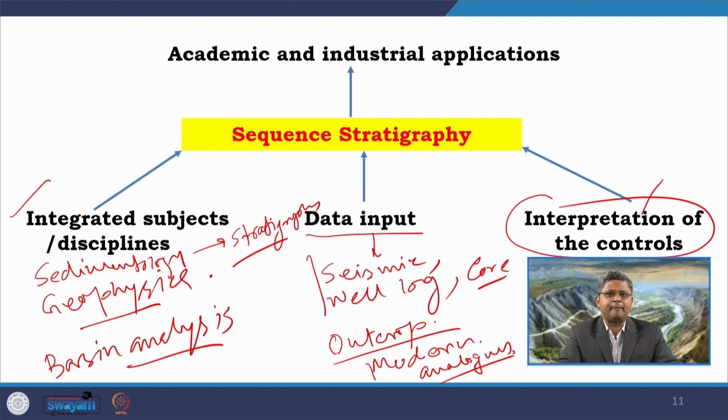And once we are applying this concept of sequence stratigraphy for the interpretation of the basin fill succession, that can have a direct application in the industries as well as in the academics. In academics, we can go for basin analysis, we can go for interpretation of the paleogeography of different successions. And in the industry, this study can lead us to exploration of resources.